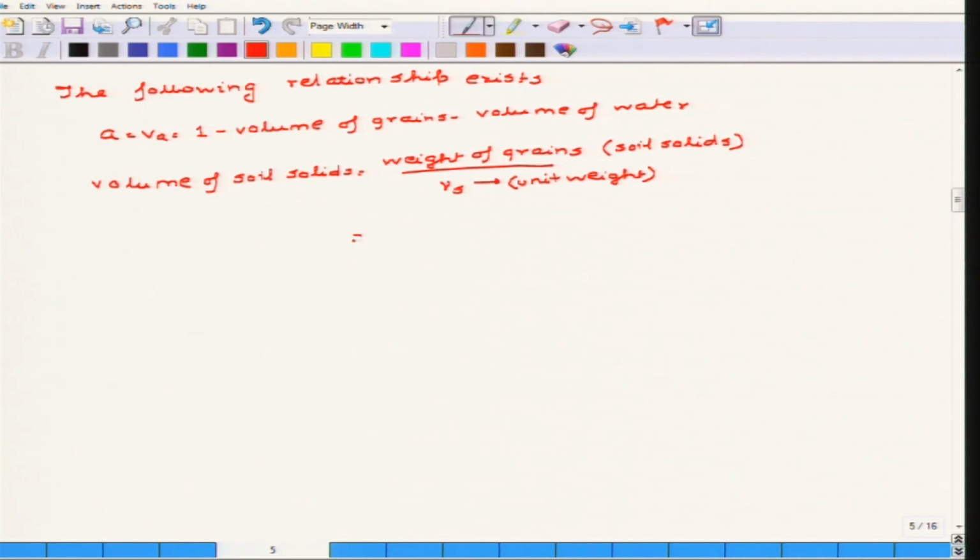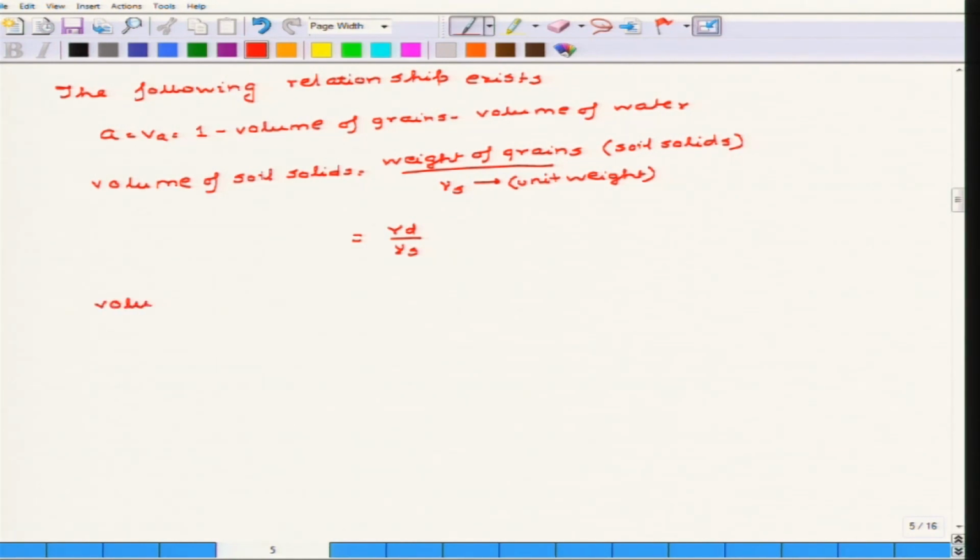Now the weight of the soil solids or the weight of the soil grains again can be written in the form of gamma d by gamma s, because gamma d is the dry density of the soil mass, which basically consists of only the soil grains and nothing else except air.